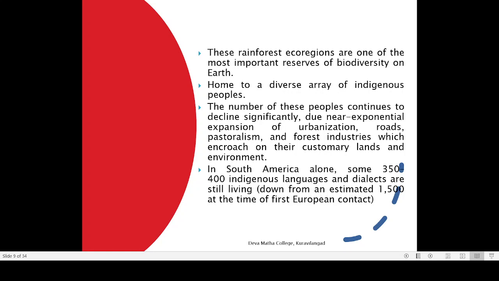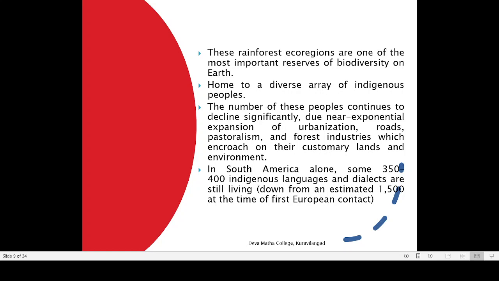So in this Amazon region, large groups of tribal communities are there, and they are always fighting with the government. If you watch TV news regularly, you can see that conflict between tribals in South America and the government is common, even in the news. In South America alone, some 350 to 400 indigenous languages are there.